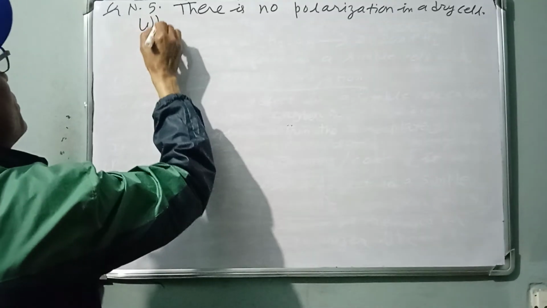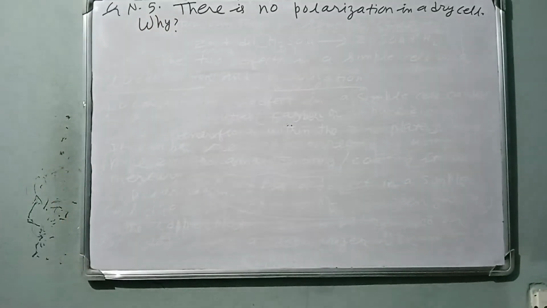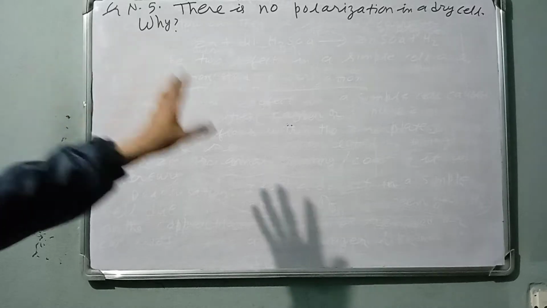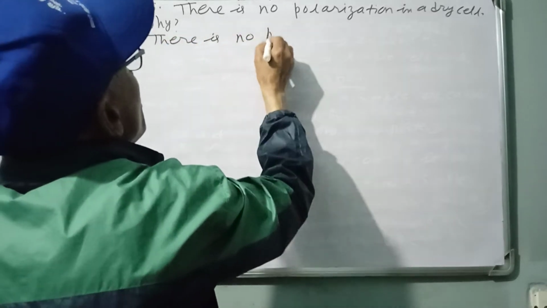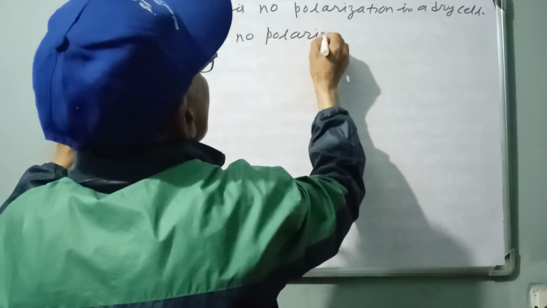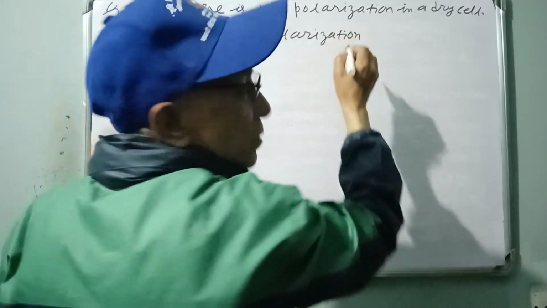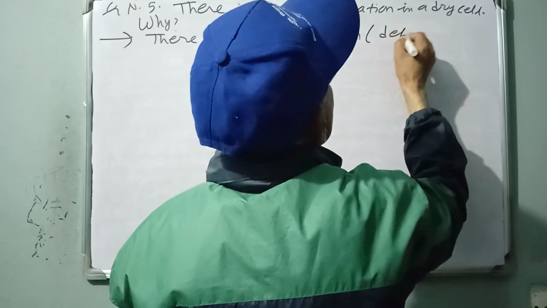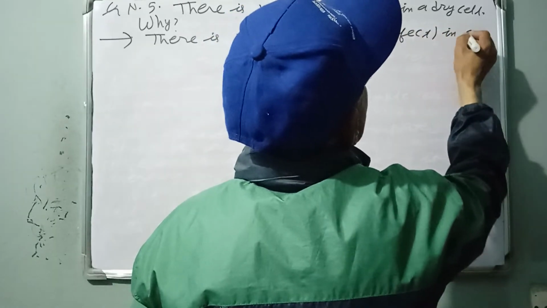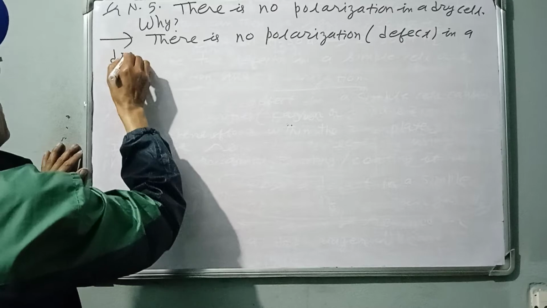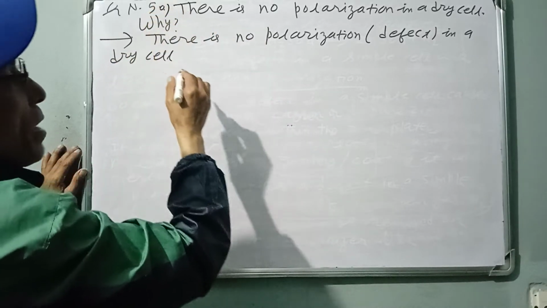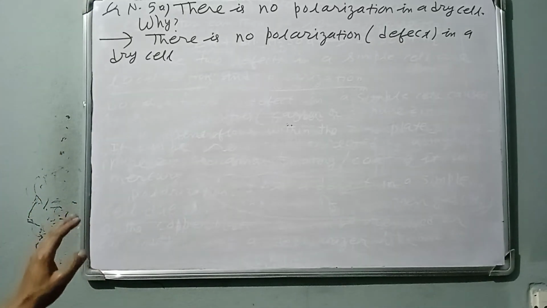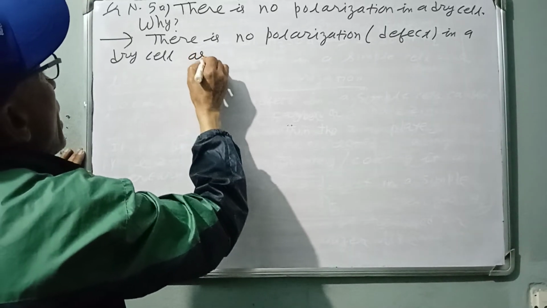Why? In a simple cell there is polarization, but in a dry cell there is no polarization. Why? There is no polarization defect in a dry cell.